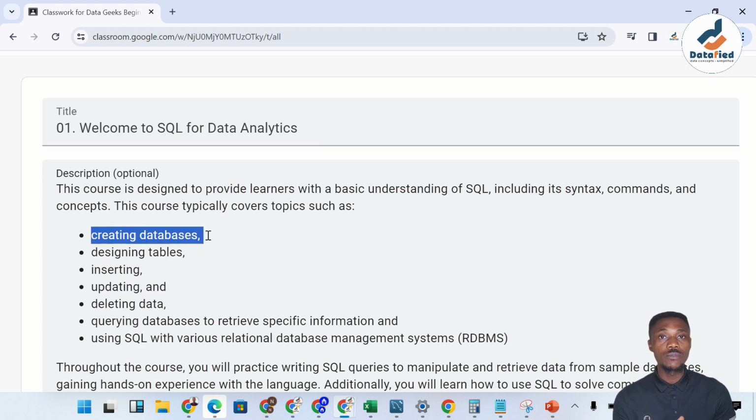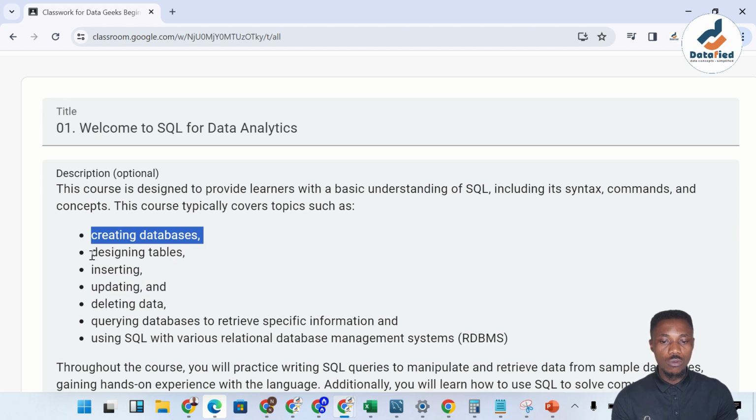Like I said earlier, you learn how to create databases on a server, like in the cloud, right? And you also learn how to create databases locally on your local PC. All right. So this will enable you to understand the different ways of creating a database, just in case you find yourself out there in the practical world where you have to create a database for an organization or for businesses or for any company.